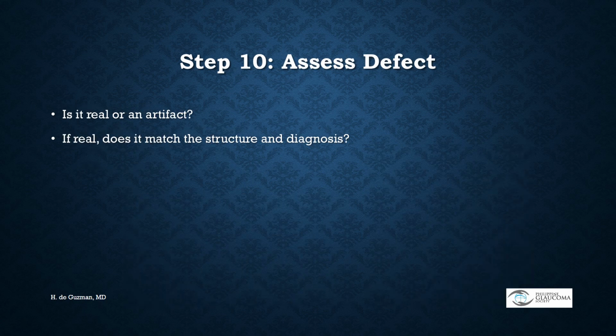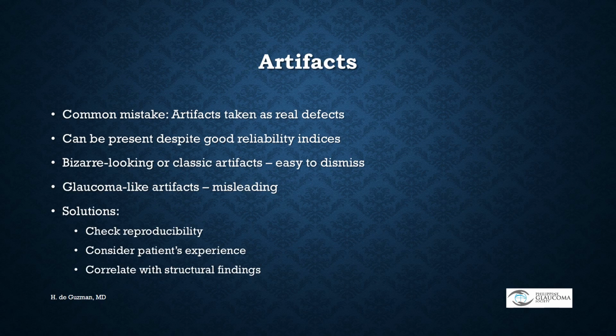The last step is to assess the defects that we see on the visual field. We have to determine, is it a real defect or just an artifact? And if it's a real defect, does it match the structure and our diagnosis? Artifacts are extremely common in perimetry, and very often we can mistake them for real defects.